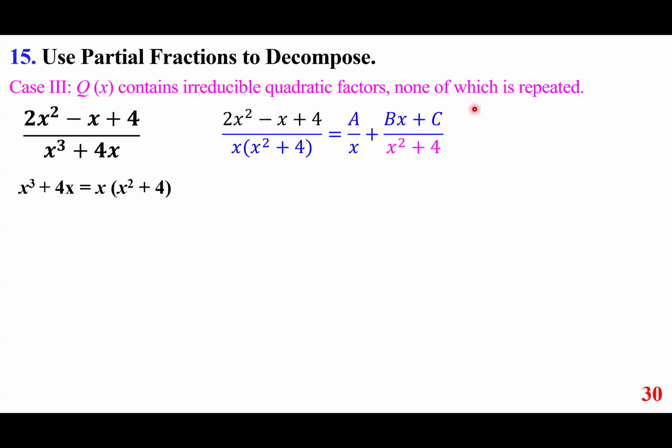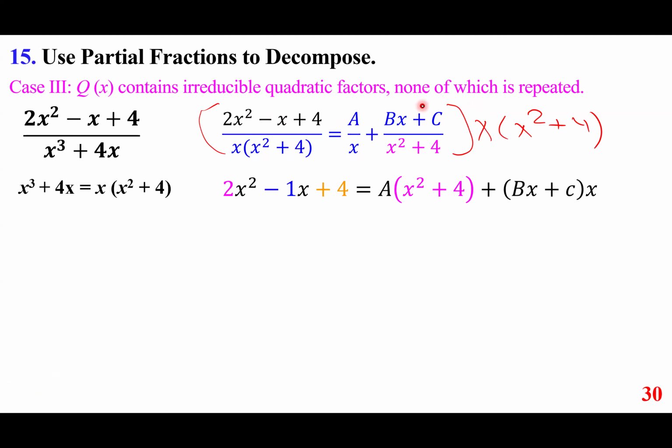And again, we are going to multiply both sides by the LCD, meaning multiply both sides by x times x squared plus 4. And when you do that, the left side just becomes the numerator. This one is a times x squared plus 4, and this one is x times bx plus c. I'm assuming nobody has any problem with that.